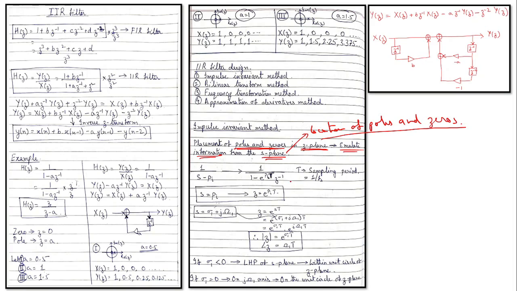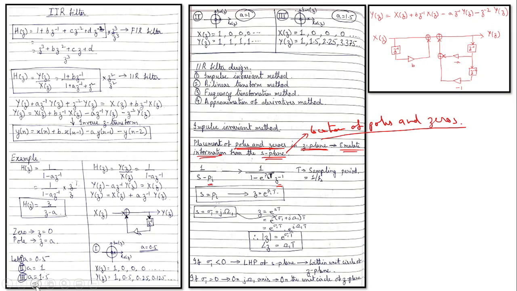Now how do you design it? The design takes place in such a way that for each pole in the S plane you have a pole in the Z plane too. Okay.